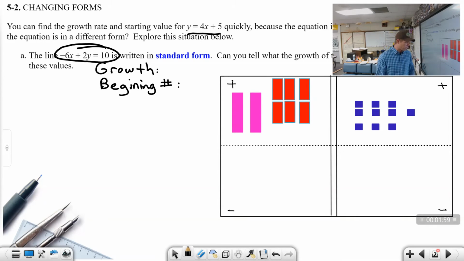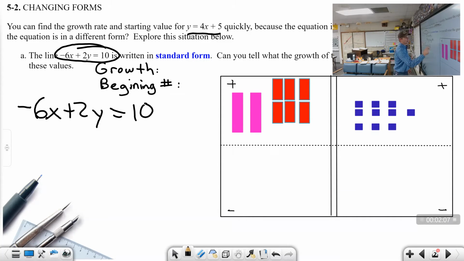Now, what we're going to do on your paper is we're going to write down the equation, negative 6x plus 2y equals 10, and that's the original. And what we're going to do is we are going to turn it into y equals mx plus b. We're going to get y by itself. How do I do that? Well, I'm going to do a side-side flip.